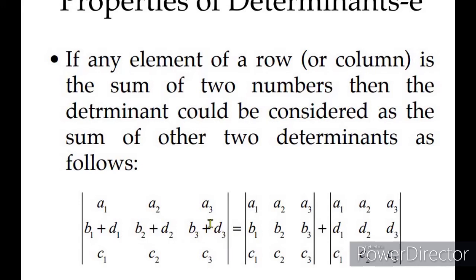If this happens in any row or any column, then the determinant will be equal to the sum of the other two determinants. That's why you notice here it is equal to the sum of this matrix and this matrix. So when this happens, the determinant will be the sum of two determinants.